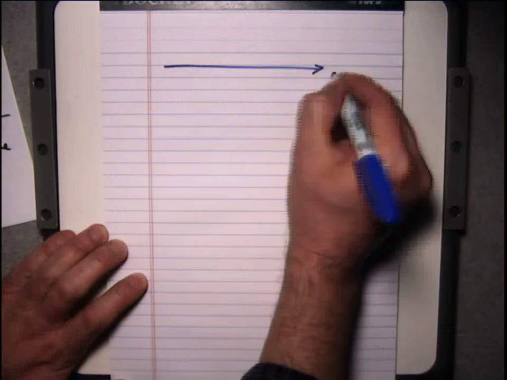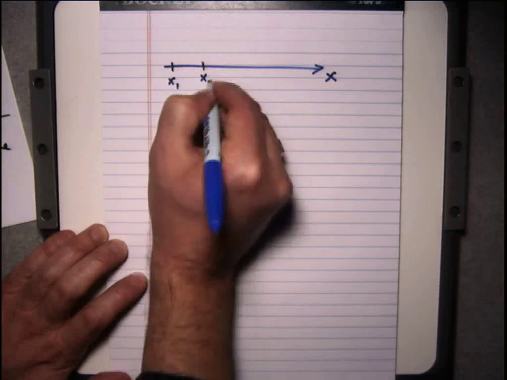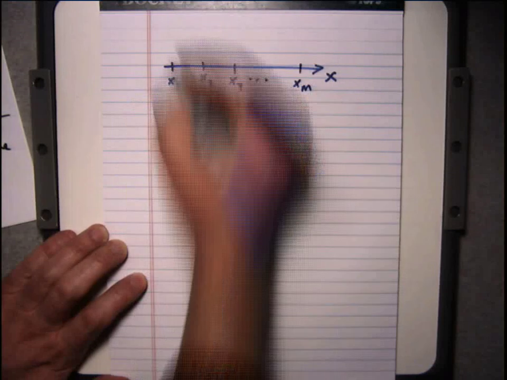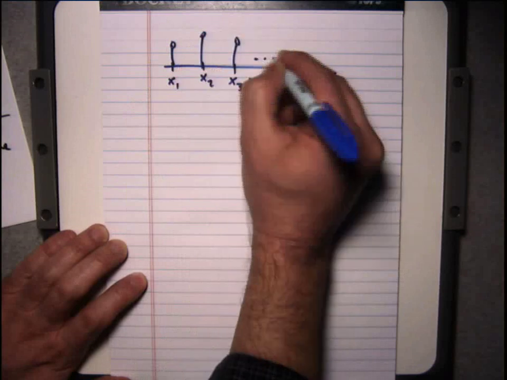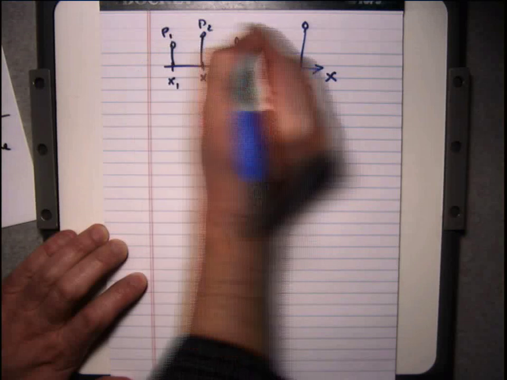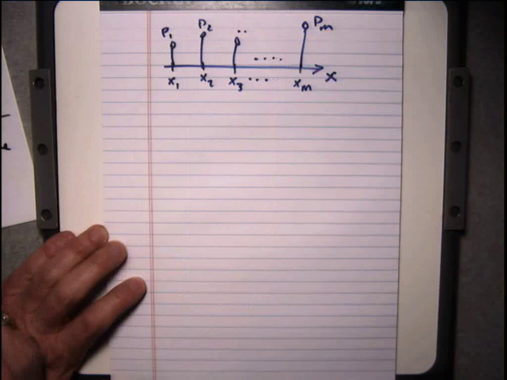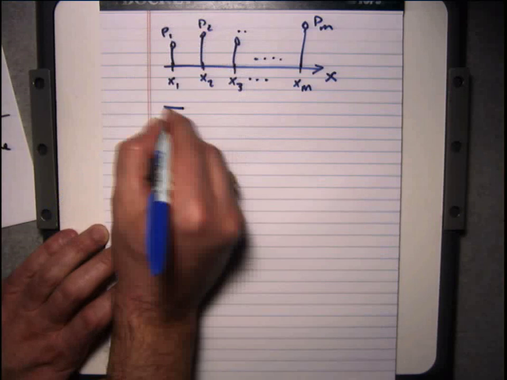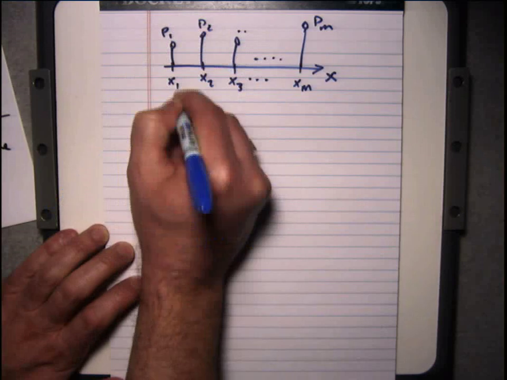Let's say we draw x here, and these are now the discrete values, x1, x2, x3, and so on up to xm. Each one of these has some probability associated with it: P1, P2, up to Pm. And the way these have to add up is that the sum of pk, k equals 1 to m, has to add up to 1.